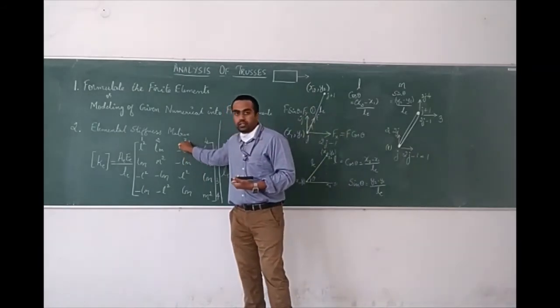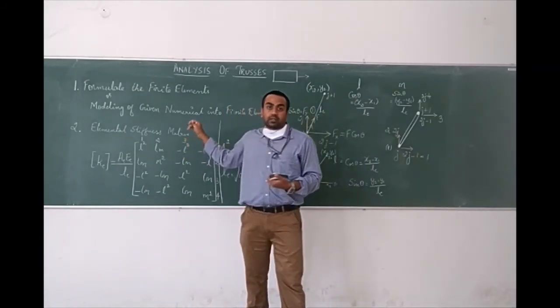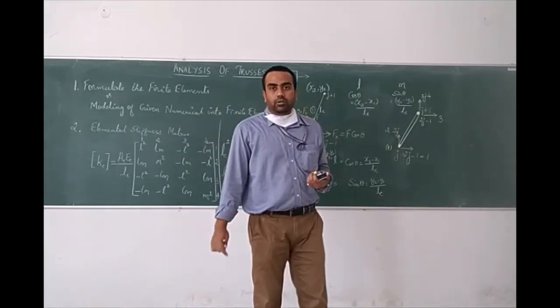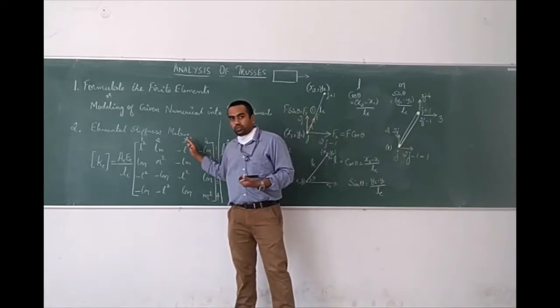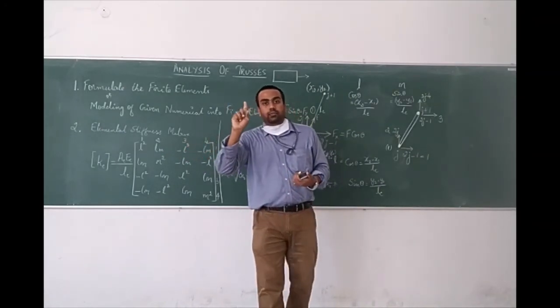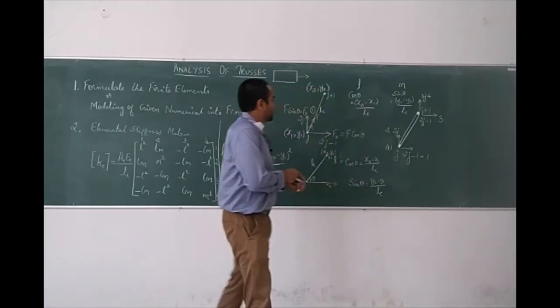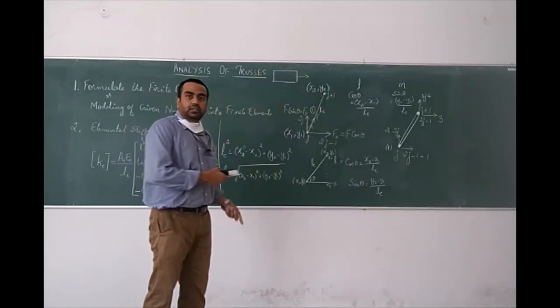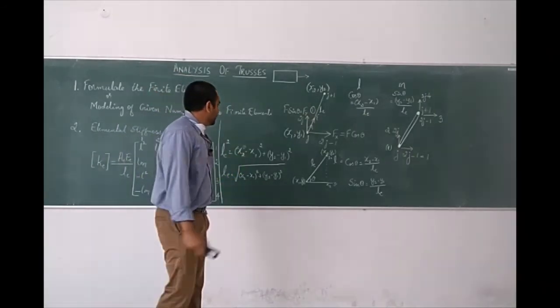So here 5 comes, and 2J is 6. So 5 and 6 come. When you take up a problem, you get to know. But right now remember 1, 2, 3, 4 is only for element 1 having node numbers 1 and 2. So this completes how to formulate the element stiffness matrix.